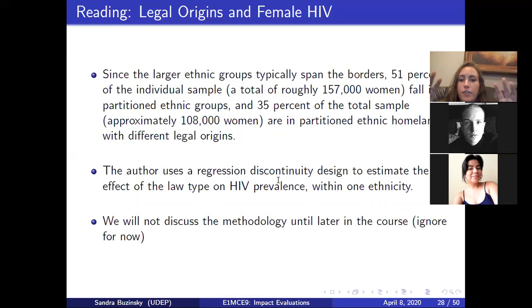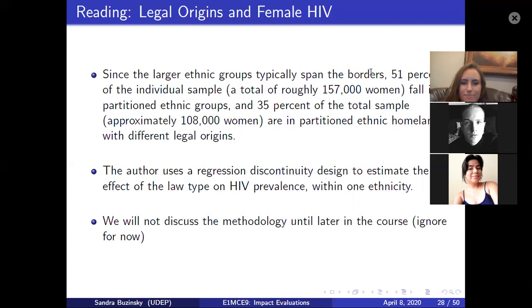And then within that group, 35% of the total sample, so 108,000 women, are partitioned ethnic women with different legal origins.